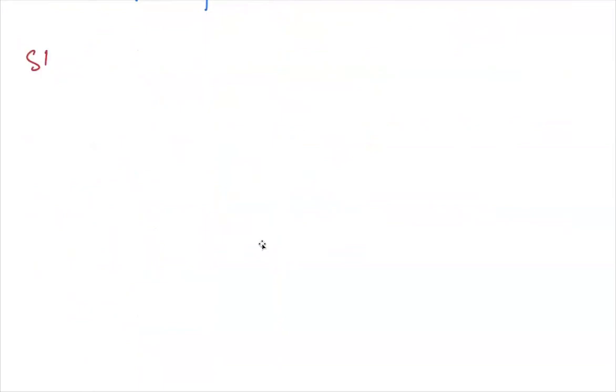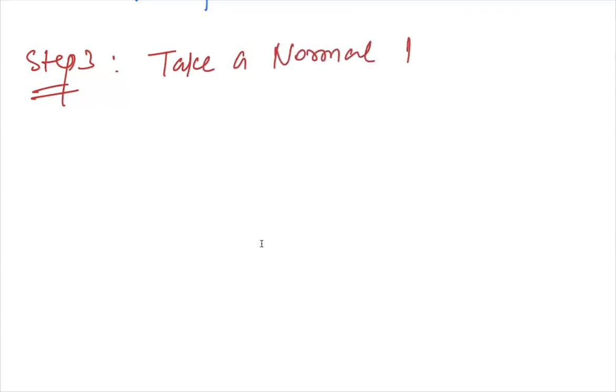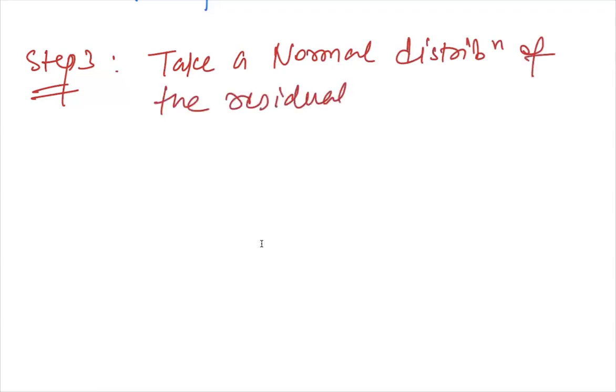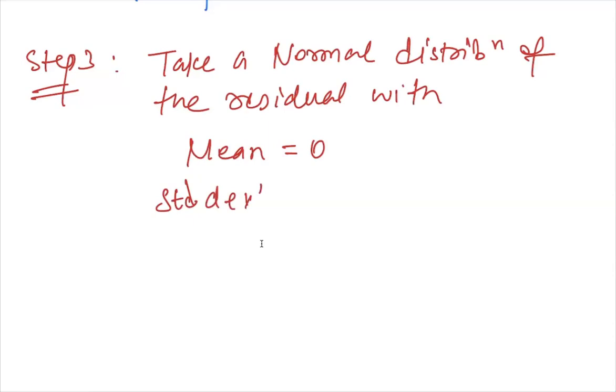Step 3 is, what is step 3? Take a normal distribution of the residuals with mean of 0, and standard deviation of sigma.